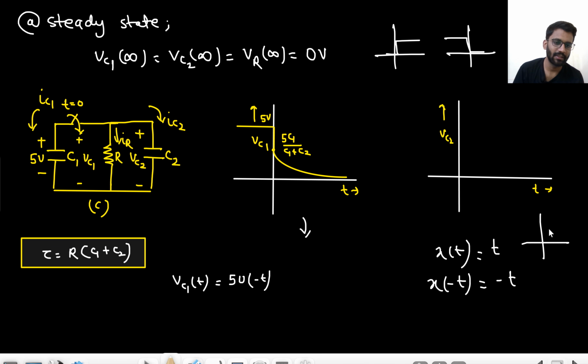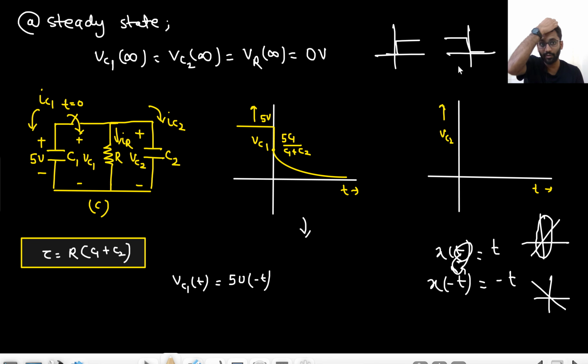What is the graph of this? Simply the graph is mirrored. If you take the mirror at the y-axis, you will get this graph. Whenever there is negation in the time, you simply mirror. So this is u(t), and this is u(-t).